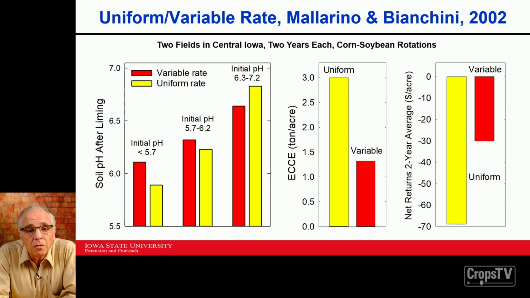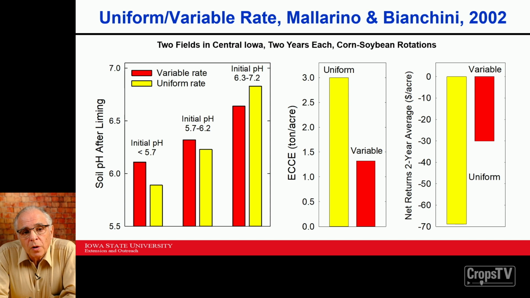Now the red bars for each pH group is the soil pH using variable rate, and the yellow bar is using just a uniform rate based on soil testing. So what we can see is that in the lower initial pH ranges, the pH after liming is higher with the variable rate, the red bars, than with the uniform rate, the yellow bars, because of course in the acidic areas we put more lime with the variable rate.